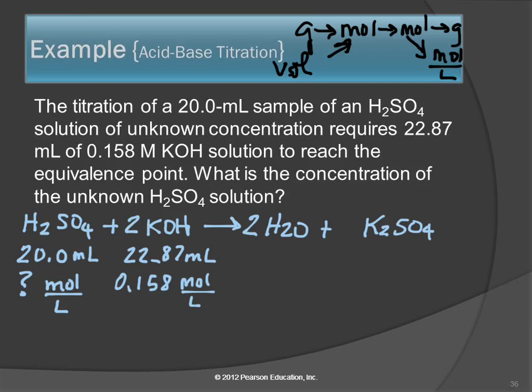So then what are we going to start with here? The 20 milliliters or the 22.87? The 22.87, because we know the concentration for that one, which will allow us to change the volume into moles. So we're going to start with 22.87 milliliters of KOH.